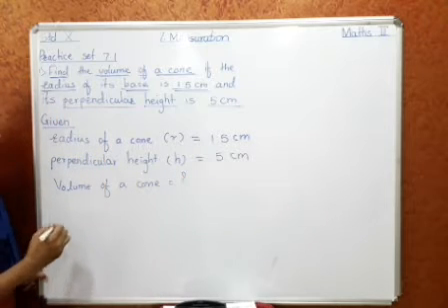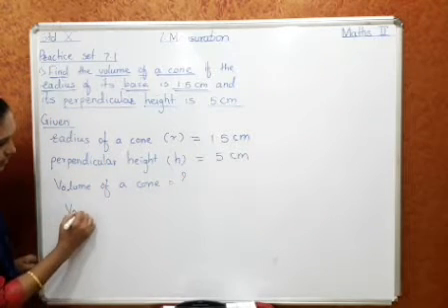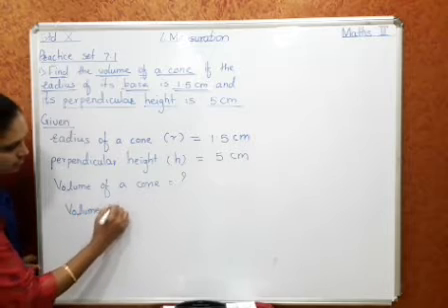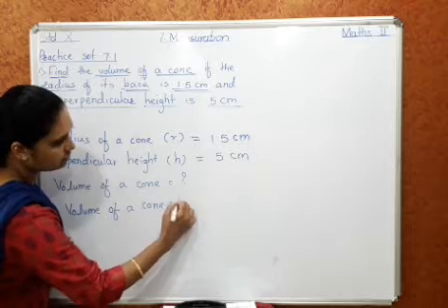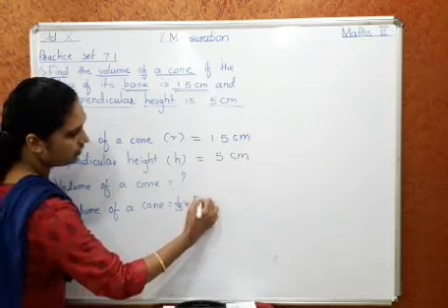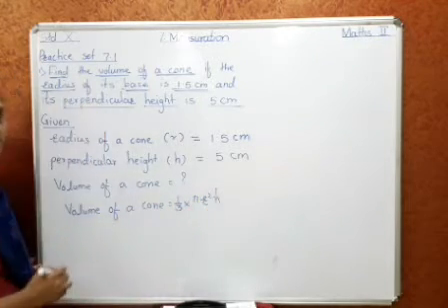Now students, we know the volume formula. Volume of a cone equal to 1 upon 3 into pi r square h.